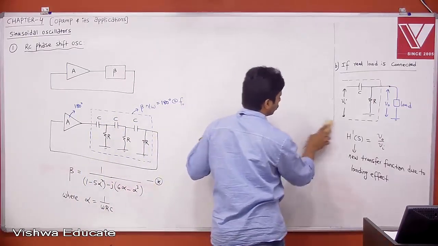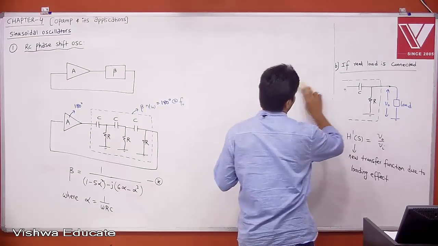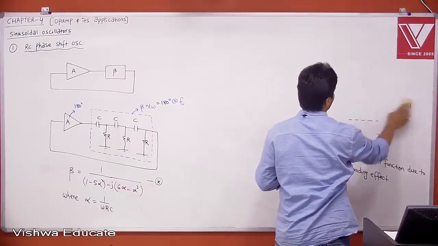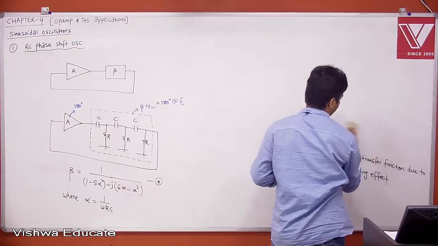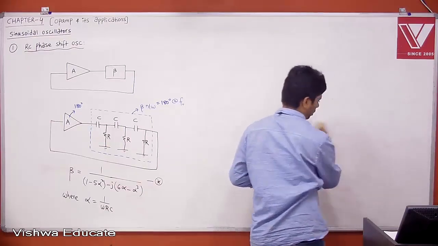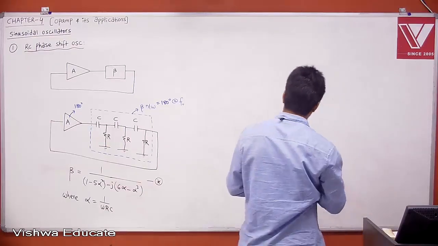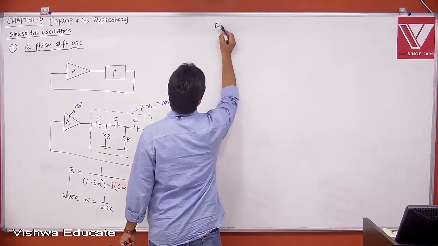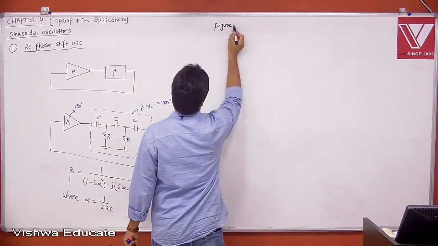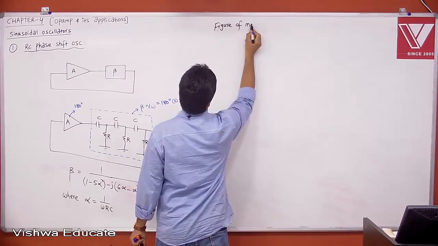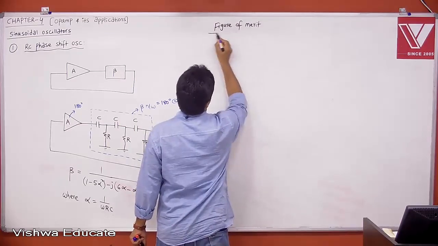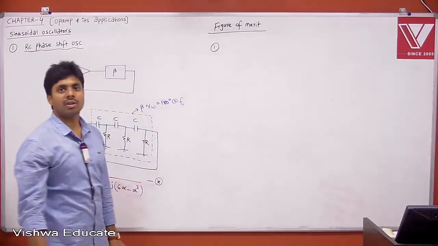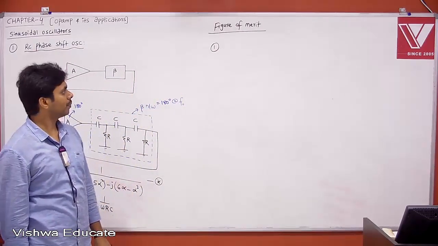Then we can compare those 2 points for every oscillator, and we can say which is better when comparing 2 oscillators. Now, figure of merit number one: frequency range.